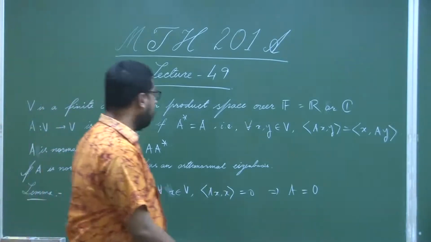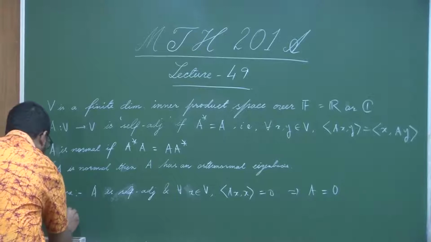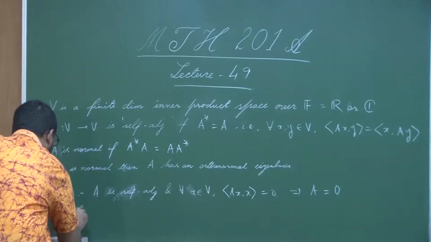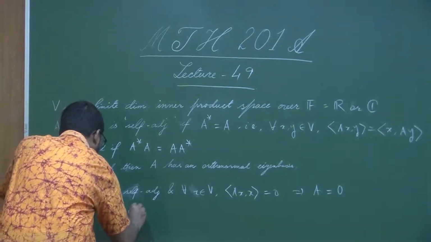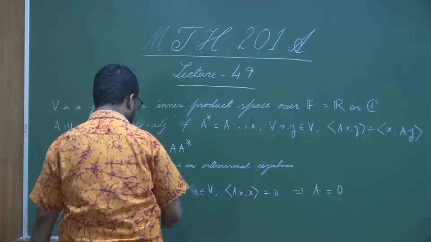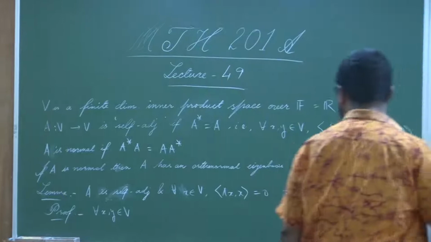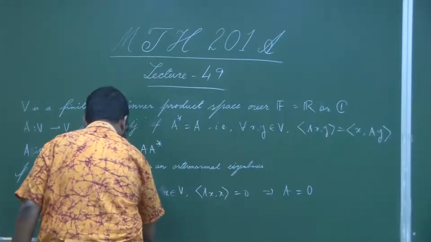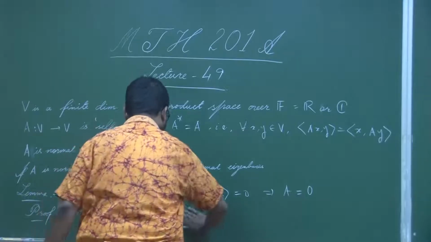For a proof, you take any x and y in V. So, what do we want to prove? We would like to prove that for every x, y, the inner product of Ax with y is 0, then we will be done.